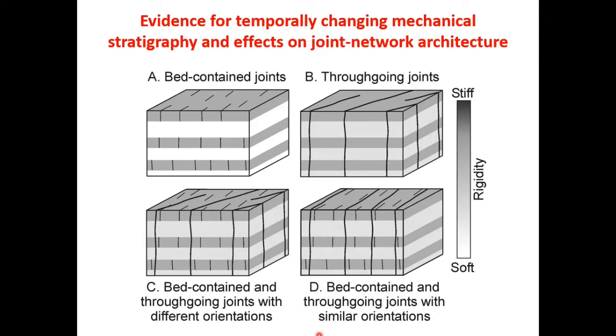So bed-contained and through-going joints can form on the same outcrop like this example. These are what we call bed-contained because they are just contained by one single bedding plane. And these are continuous or through-going joints, and they can be present together on the same outcrop.